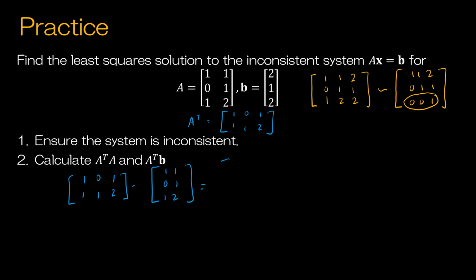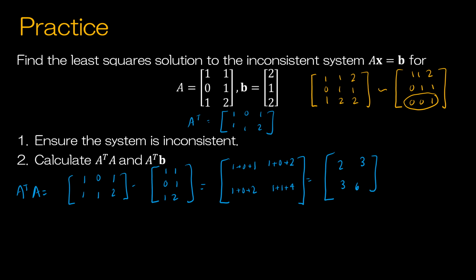And I end up with a 2 by 2 matrix. So I've got 1 plus 0 plus 1, 1 plus 0 plus 2, 1 plus 0 plus 2, and 1 plus 1 plus 4. That gives me A transpose A is 2, 3, 3, 6.